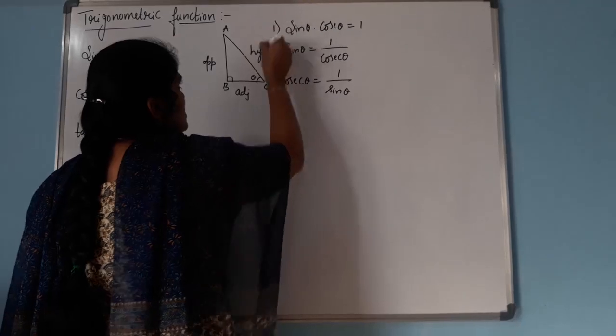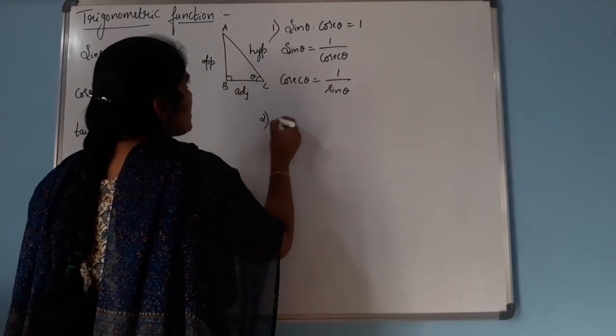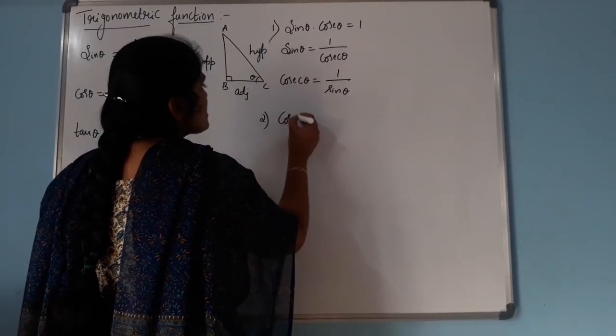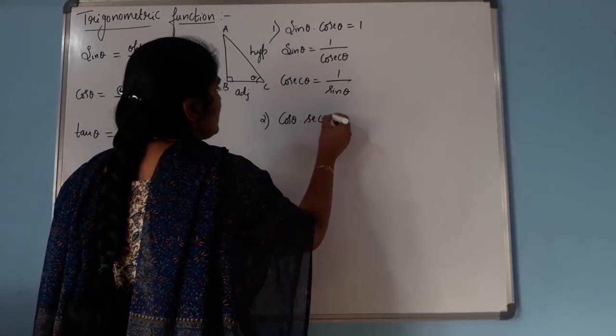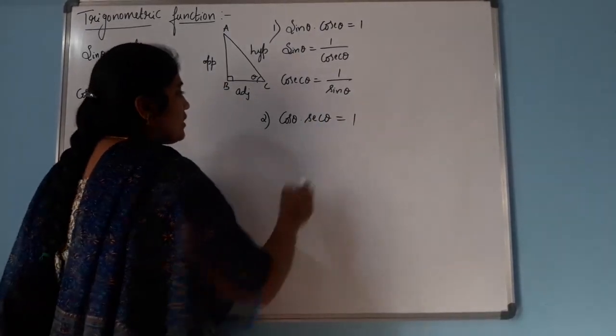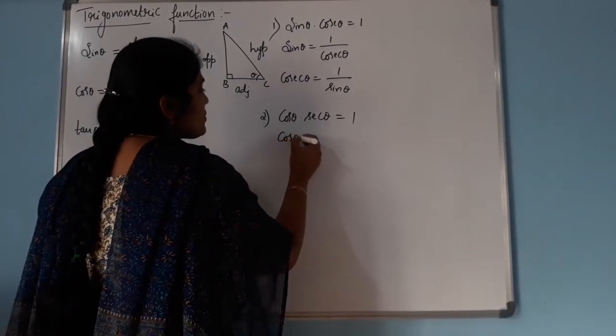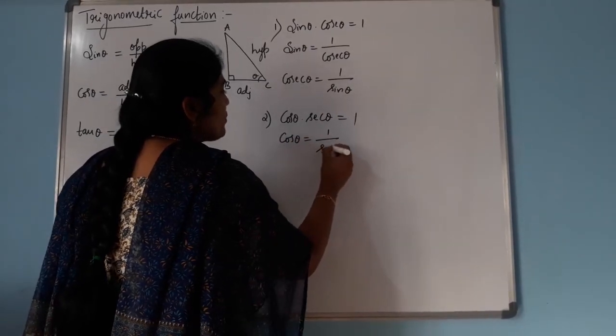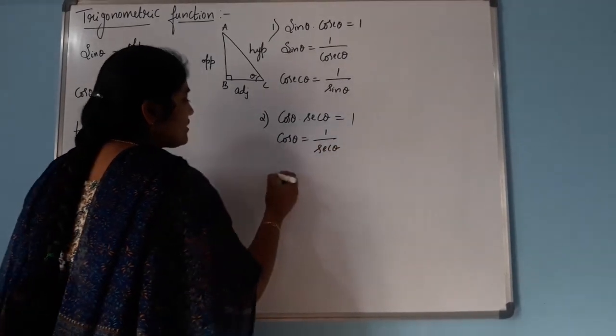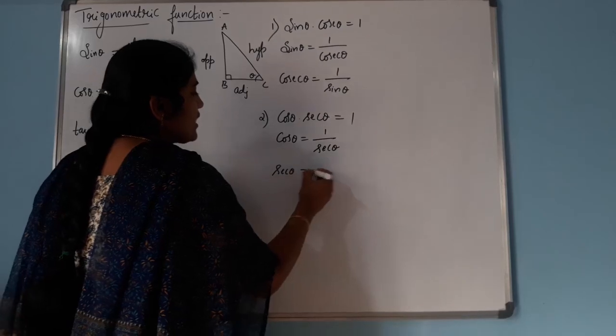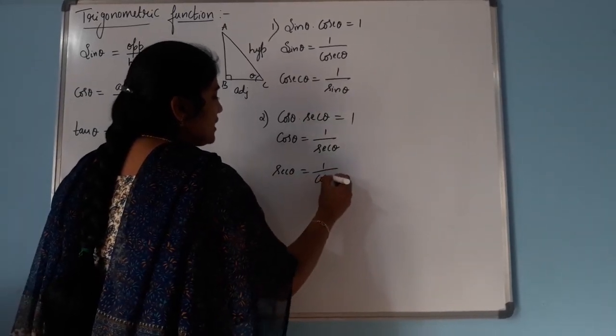These are the reciprocal formulas. The second relation is cos theta into secant theta is equal to 1. So the reciprocal of cos theta is 1 by secant theta, and the reciprocal of secant theta is 1 by cos theta.